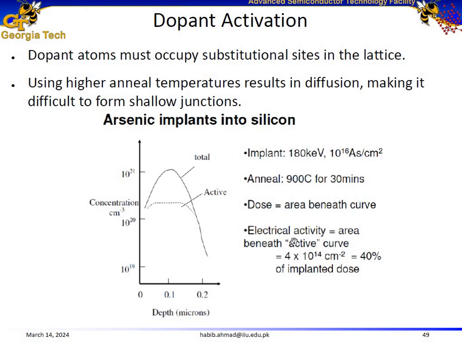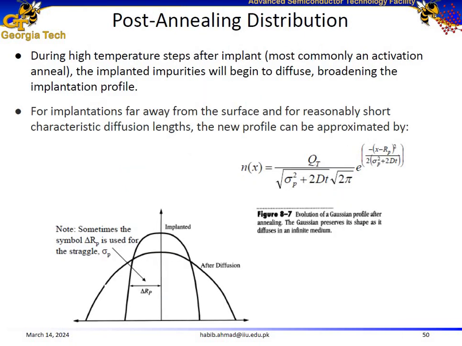So the active divided by the total turns out to be approximately 40%. The takeaway point is that not all the implanted ions get activated. Some implanted ions get activated and the rest of them are not activated. So the implanted ions have more solubility than the activated dopants inside the target material.